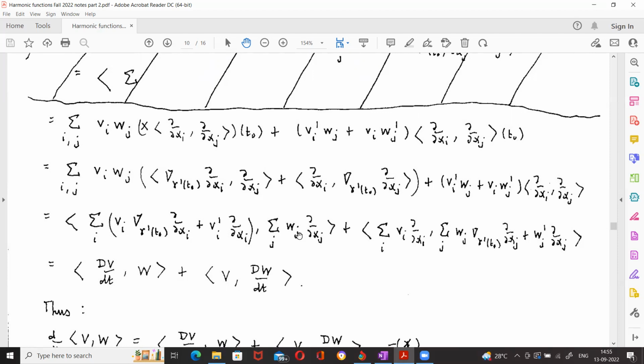Yeah. And then I have another term from here, Vi prime Wj into del del xi del del xj. So here I put the Vi prime with the del del xi and I put the Wj with the del del xj. So that becomes an inner product of summation Vi prime del del xi with summation Wj del del xj.